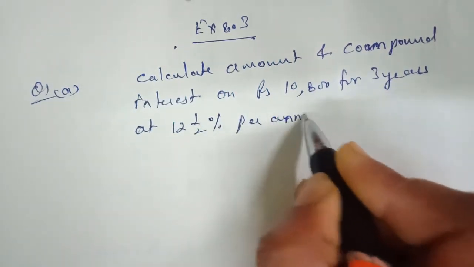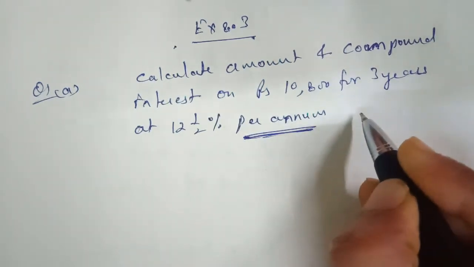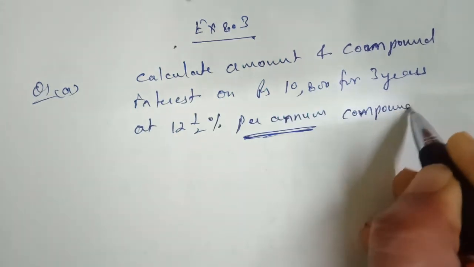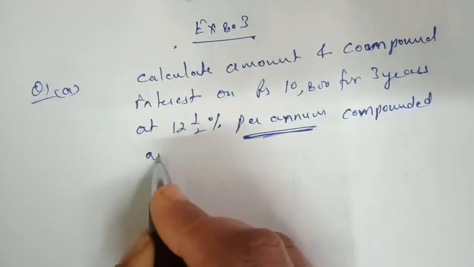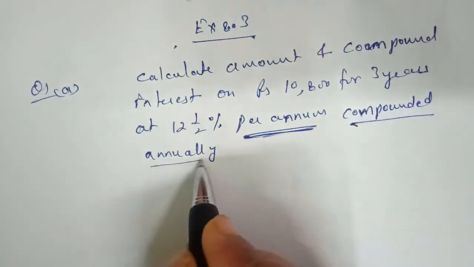Per annum means the rate is given yearly. Compounded. Now here is the main word, compounded annually. So this is the first case, the interest is compounded annually.